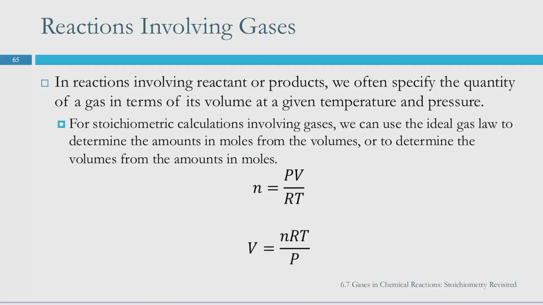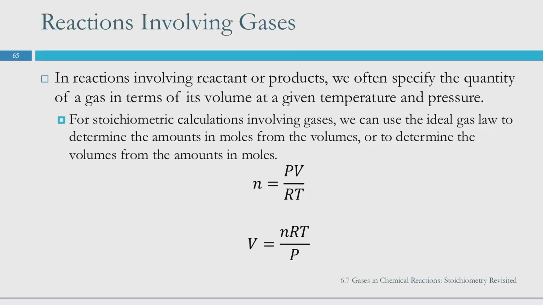In reactions that involve gaseous reactants or products, it's more convenient to specify the amount of gas in terms of usually liters or a volume of the gas rather than the mass of the gas, because gas is hard to weigh. It's hard to wrangle all your gas molecules together and set them on a scale, because they have a tendency to float away and get scattered all about. So for reactions with gases in them, it's a lot more convenient to use volume as a way of measuring them.